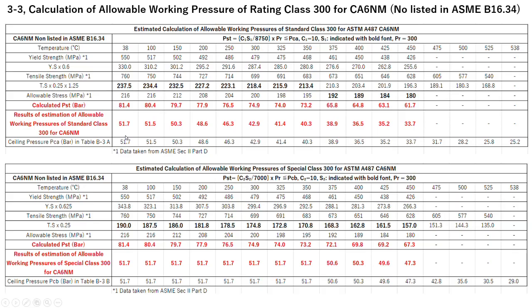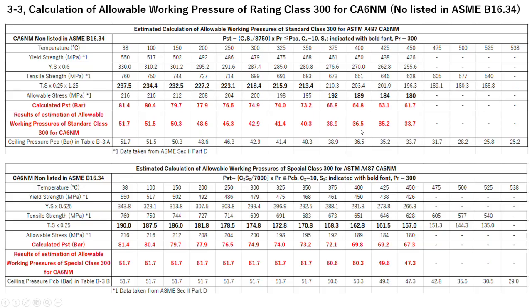So we have to assign the allowable working pressure for the tabulated value. So 51.7 comes from the ceiling pressure. The maximum ceiling working pressure is 51.7, 51.1, 15.